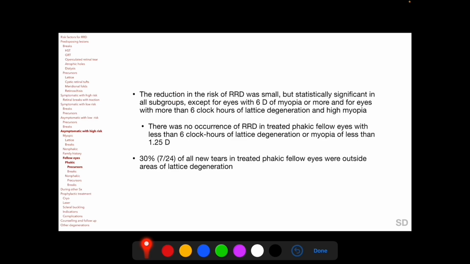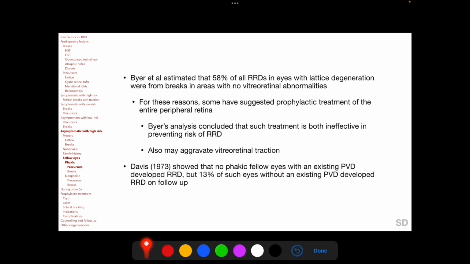The reduction in the risk of RRD in treated phakic fellow eyes was small but statistically significant in all subgroups except eyes with 6 diopters of myopia or more and for high myopic eyes with more than 6 clock hours of lattice degeneration. And remarkably, 30% of all new tears in treated phakic fellow eyes were outside the areas of treated lattice degeneration.